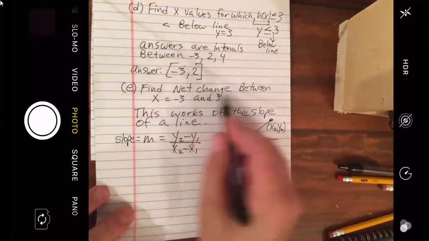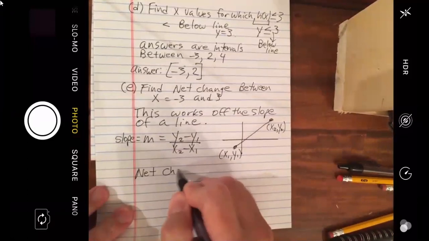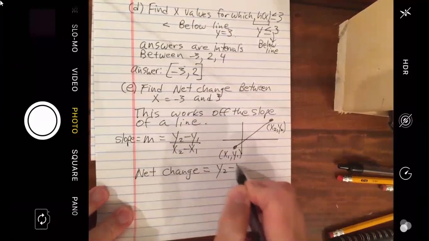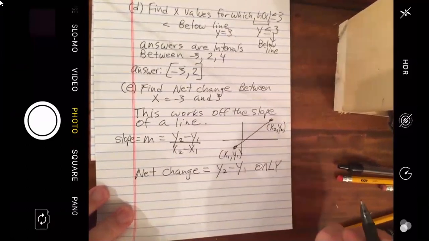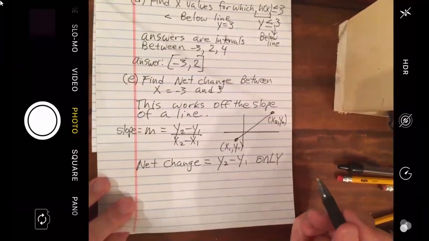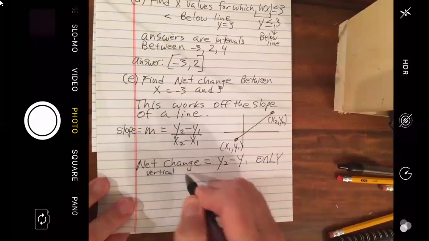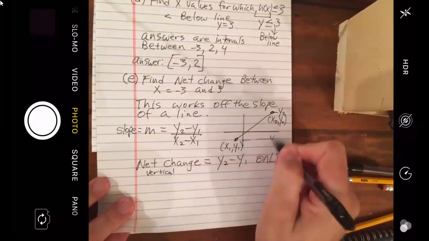Turns out when they use the phrase net change, they just mean the top only. In effect, vertical change. This is y2, and this is y1.